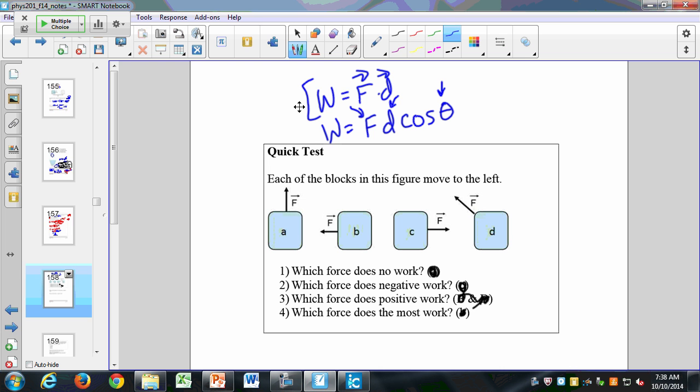Now, that tells us that if our force and our displacement are in the same direction, that means that theta equals what? What's the angle between F and D if they're in the same direction? It's equal to 0. So theta is equal to 0 degrees, and cosine of 0 is equal to 1.